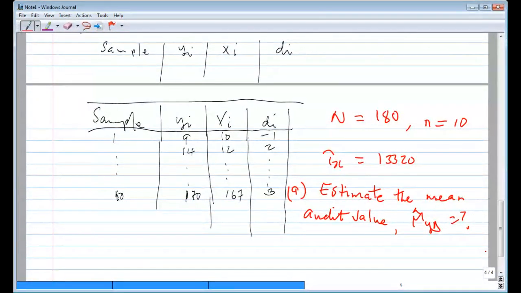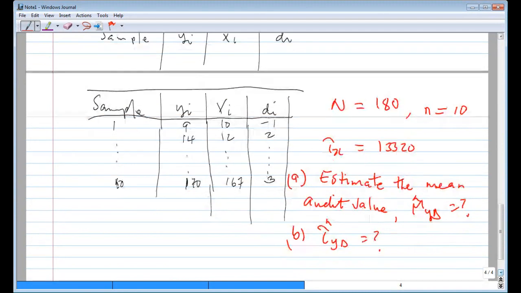Okay, let's find A, the estimated mu YD. B, we estimate the total audit value, which is tau YD. That's number B. Number C, we find the estimated variance of the estimated mean in part A, which is the estimate of var of mu YD.